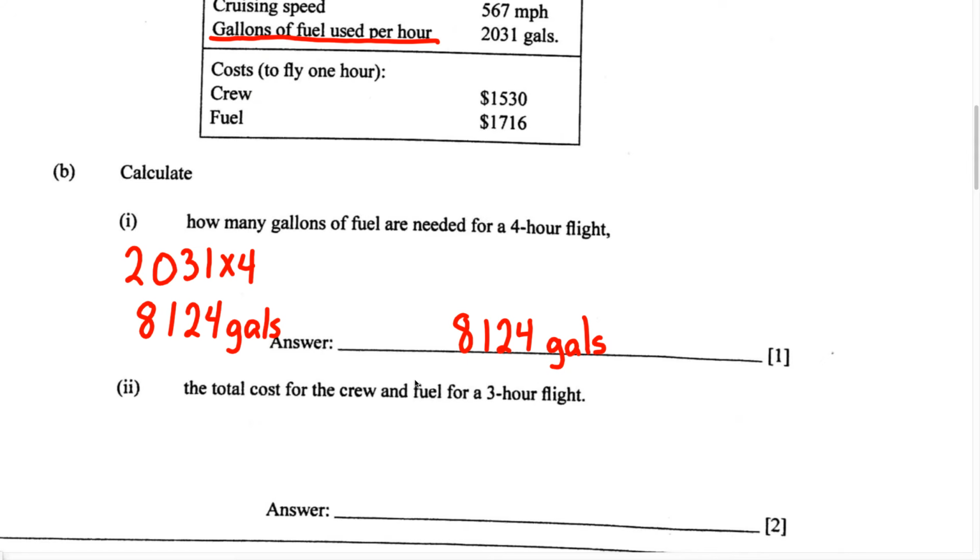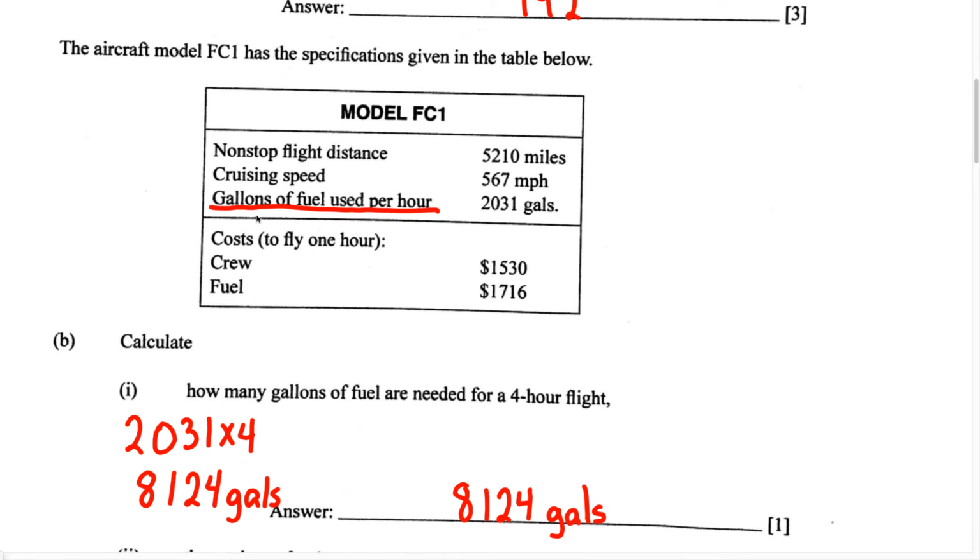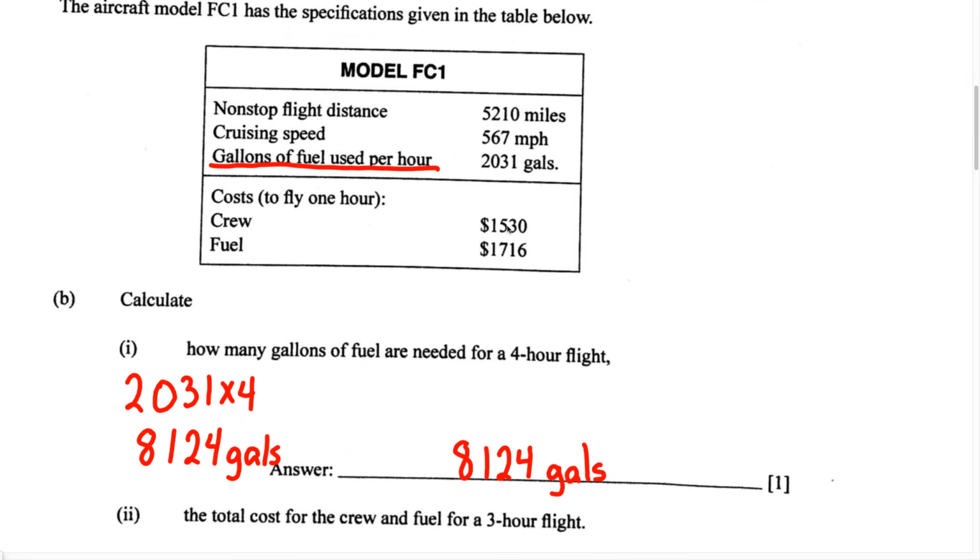Okay, now part 2 says the total cost for the crew and fuel for a 3-hour flight. Now let's see if we can find how much it costs for the crew for 1 hour and for the fuel for 1 hour, and then just multiply it by 3. So if we look back up at our table, it says cost to fly 1 hour. For the crew, it's 1,530.